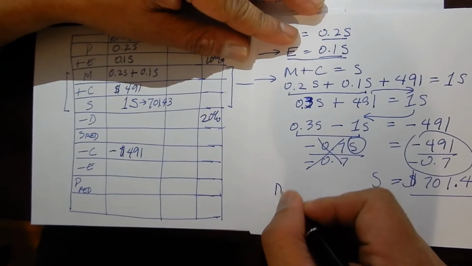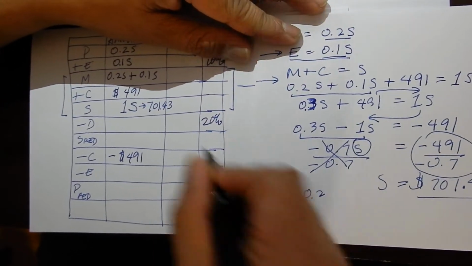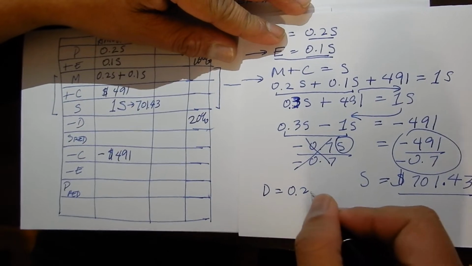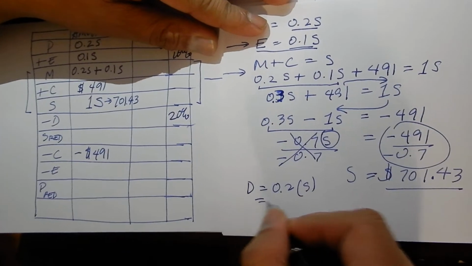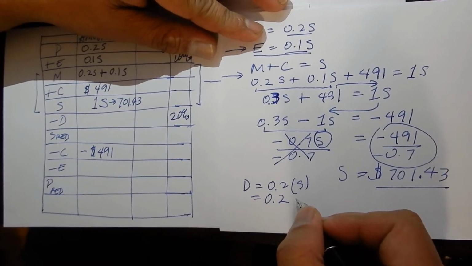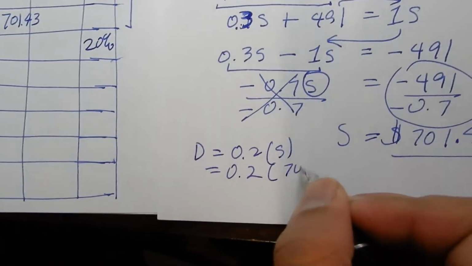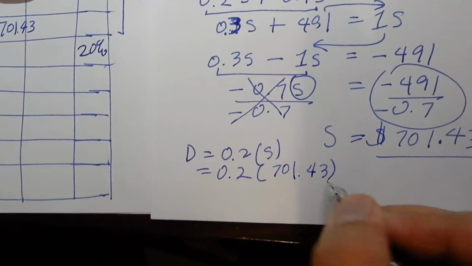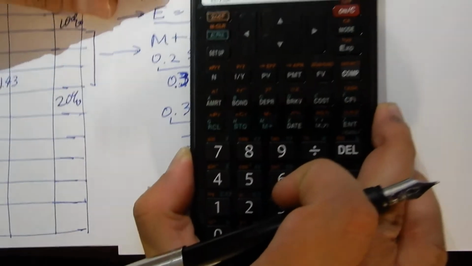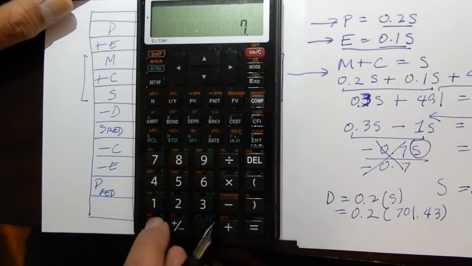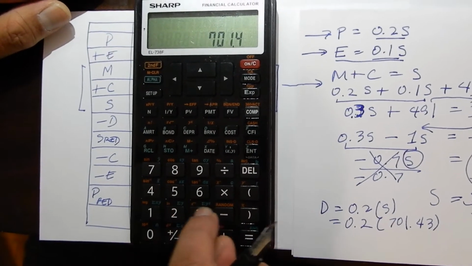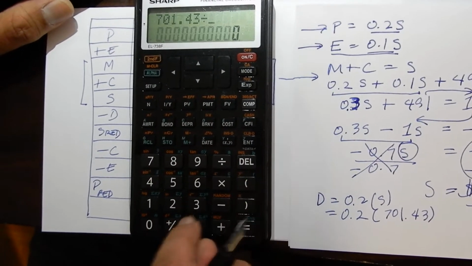So D equals 0.2, 20% in decimal form, times S, so 0.2 times 701.43. The calculator here: 701.43 times 0.2.